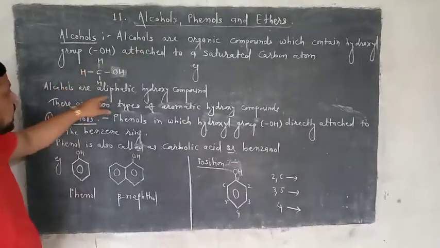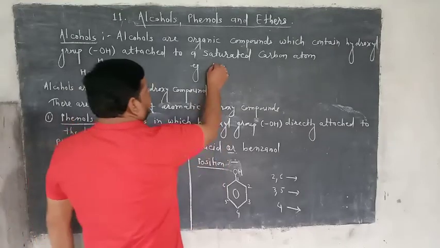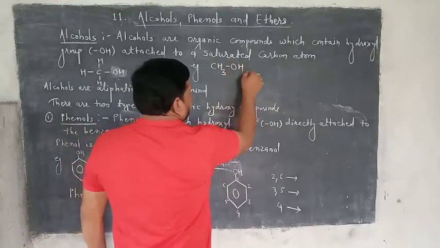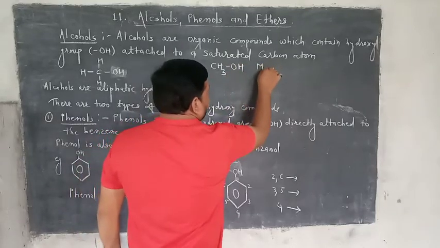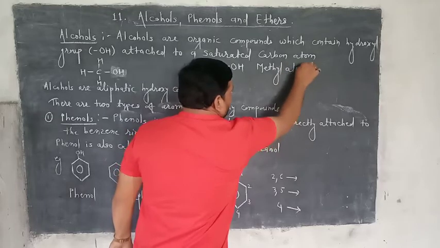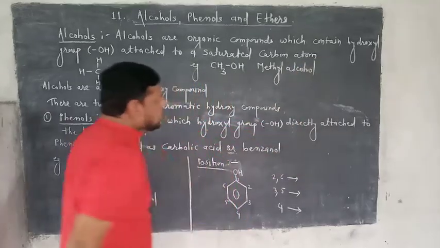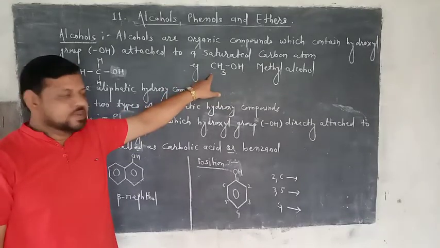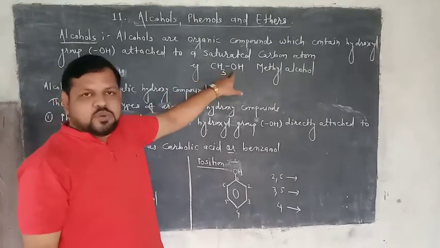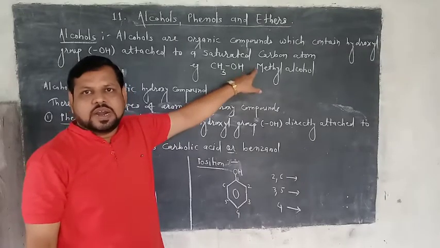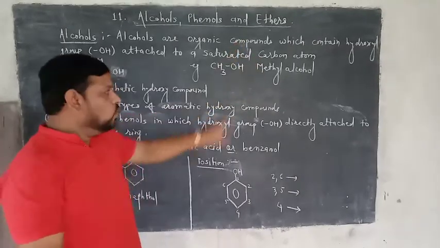In this way, an example is CH3OH and the name of this compound is methyl alcohol. This methyl alcohol is formed from methane. From methane, one hydrogen atom is replaced by a hydroxyl group and it forms the methyl alcohol.